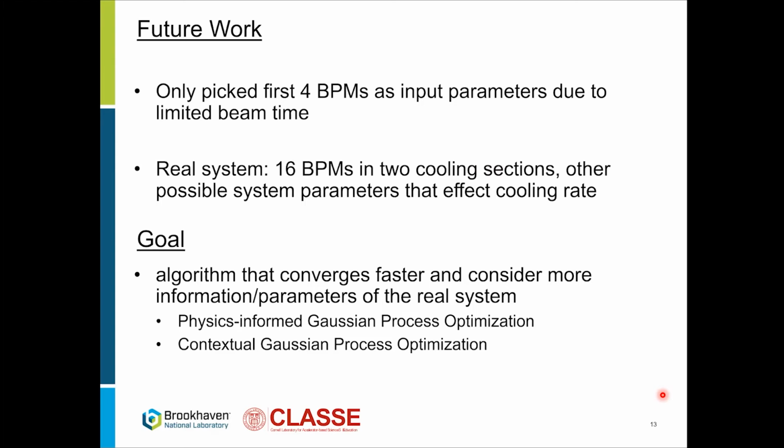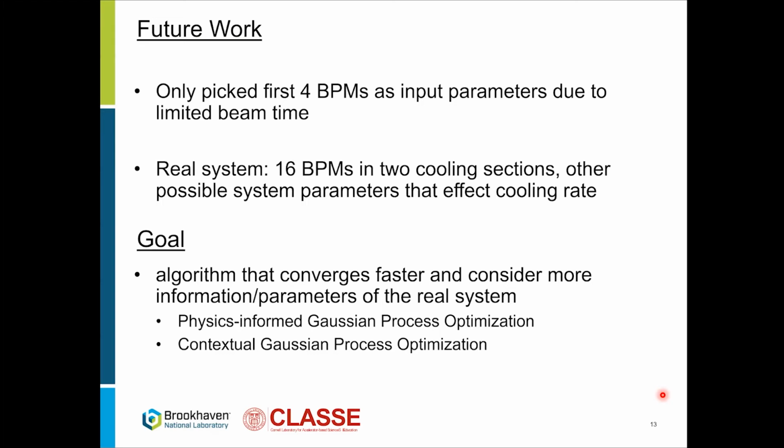But the real RHIC system has 16 BPMs in the 2 cooling sections in total. It's also possible that there are other system parameters that can affect the cooling rate that we didn't take into account. So our goal is to introduce other algorithms that can converge faster and can consider more information or parameters for the real accelerator system.